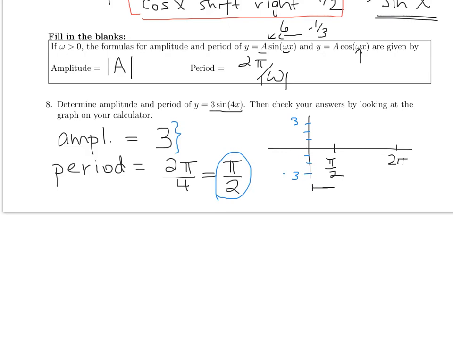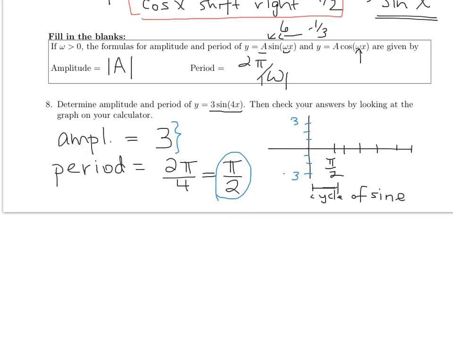This should look like a complete cycle of sine. It happens between here and here. And then after that, I just see repeating portions. Okay, so maybe that wouldn't be 2 pi by the time I got out there, but I would repeat the portions and they would look the same as what I saw between 0 and pi over 2.